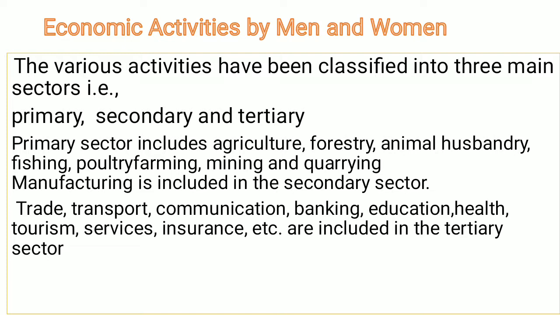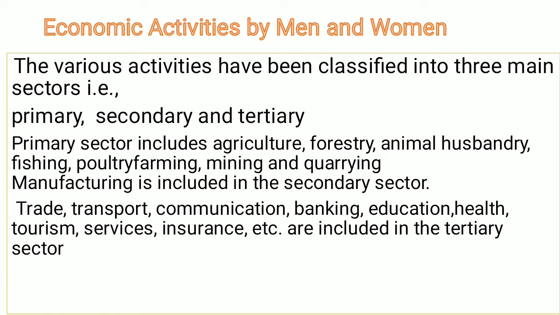For example, if we take sugar cane, by a particular process we make khand, mishri, gud, etc. with the sugar cane. This is called manufacturing, when we convert a raw material into a new good.